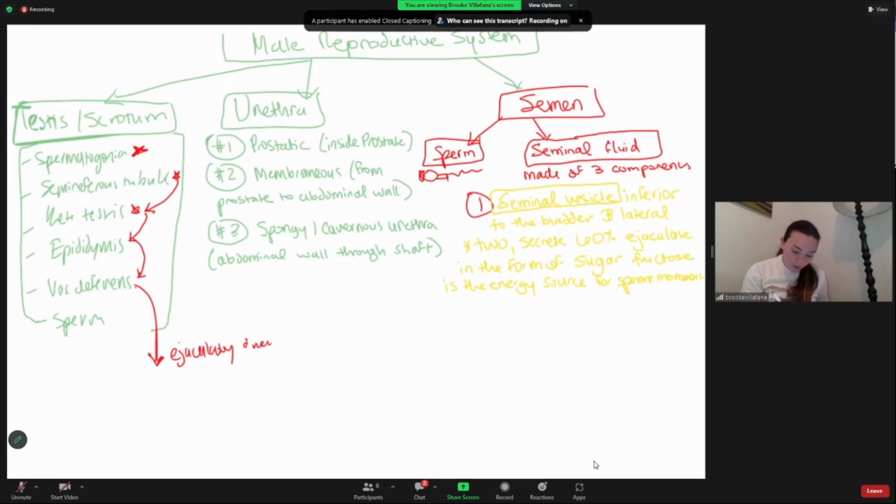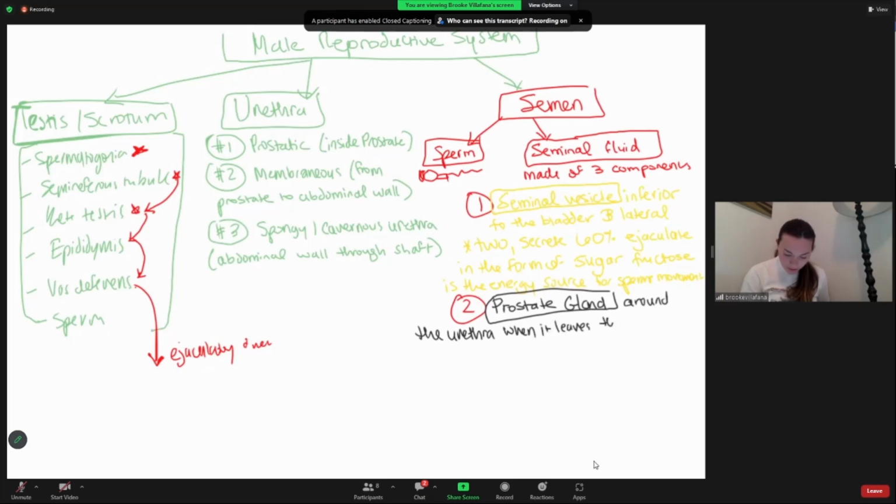Okay, second component of seminal fluid comes from the prostate. Let's do prostate in black. So we know that the prostate is a gland. Location is, I don't know if this would be on the test like this, around the urethra when it leaves the bladder, right?